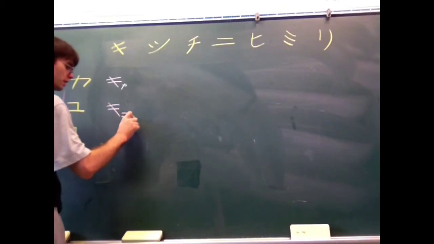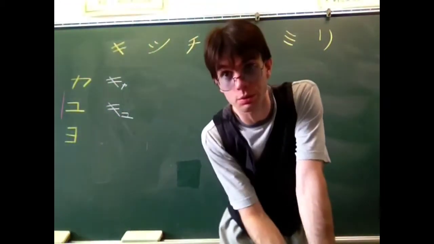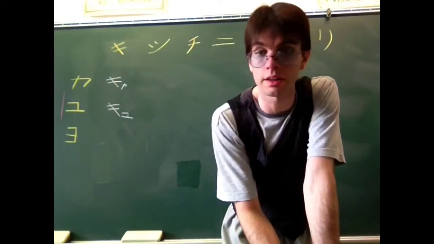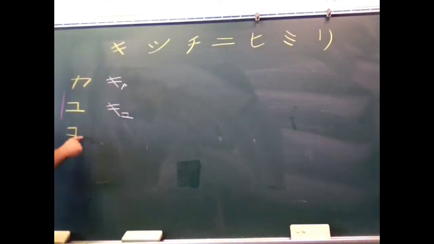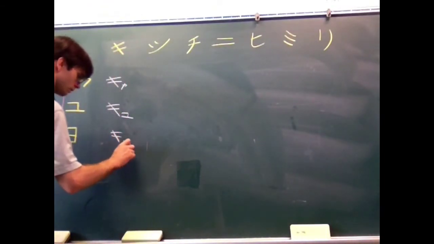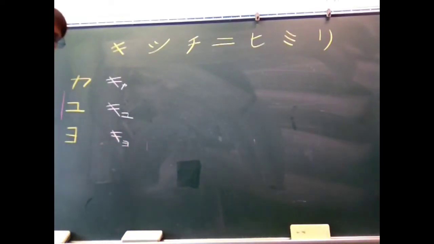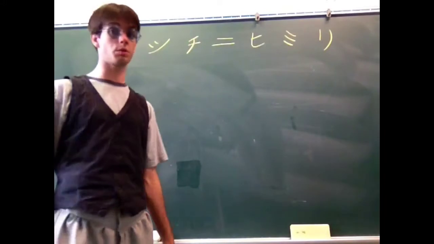Ki with a little yu next to it, which you're going to use for words like cute, cucumber, and all other such words that have that kind of sound in it. Next up, we've got ki and yo. Kyo. I can't think of a good foreign word that has that sound in it right now, but rest assured that you will think of one later.